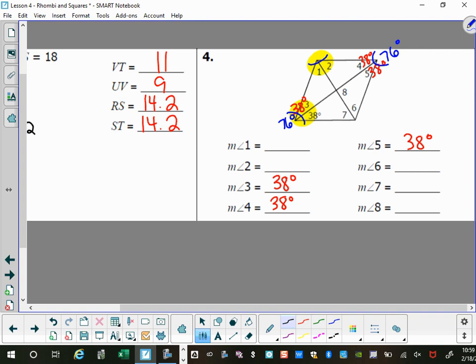Okay, so these two top angles together have to equal 104. Because my diagonals are bisecting each other and they're perpendicular, I'm going to split that 104 in half. What's 104 divided by 2? So that means that angle 1 is 52 degrees and angle 2 is 52 degrees.